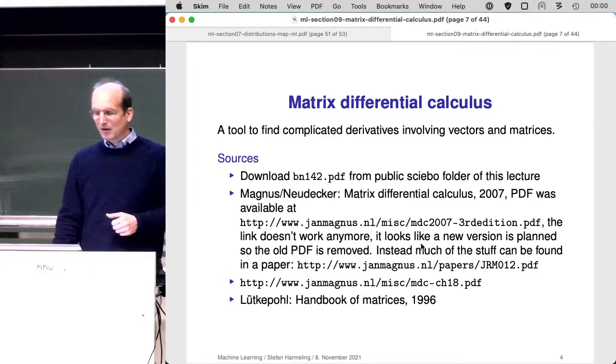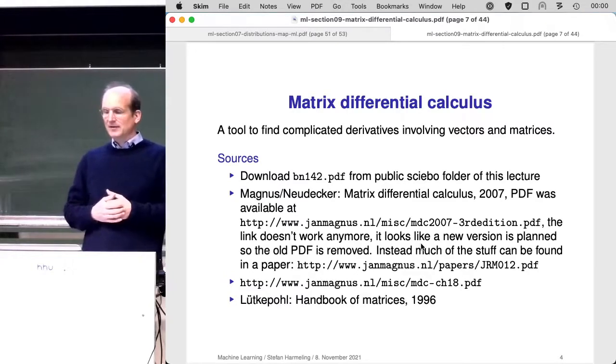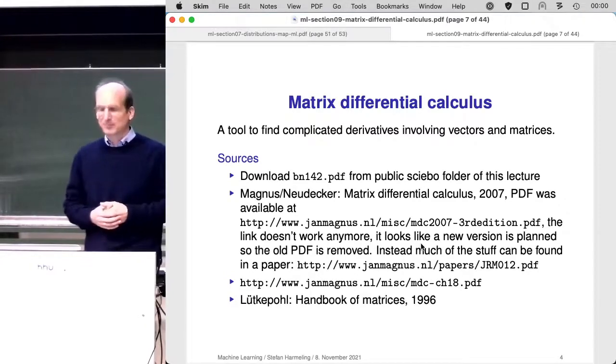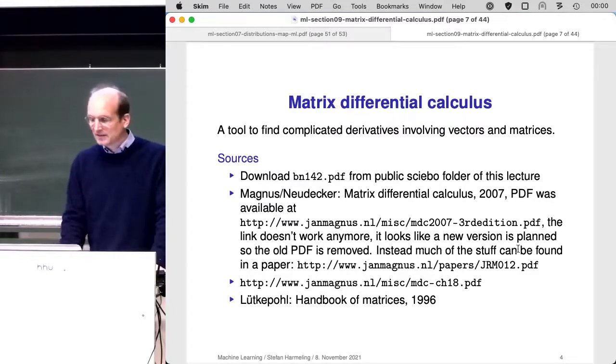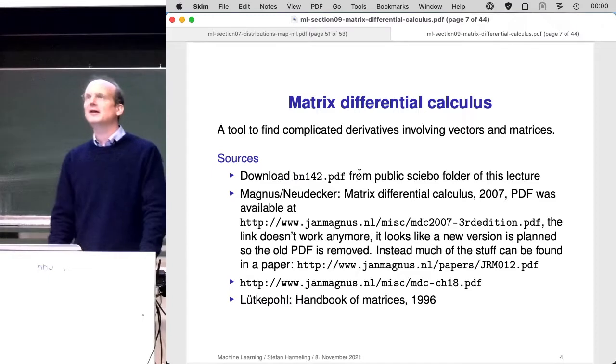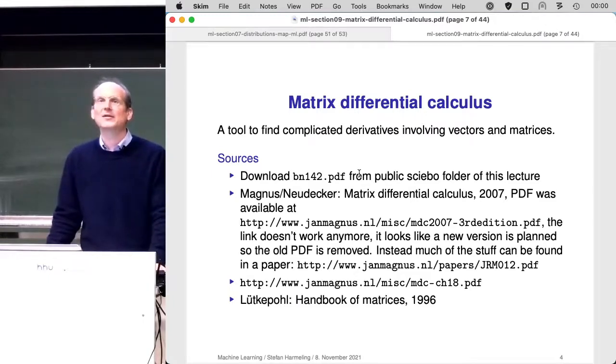Good. So it is a quite involved, powerful method to get super complicated derivatives where we have vectors and matrices. There's certain material which I could point to. One is called BN142. That's my cheat sheet that I created once with some worked out examples. If you find typos, please tell me. So that is the PDF where all the formulas of the calculus are listed with some examples and instructions.